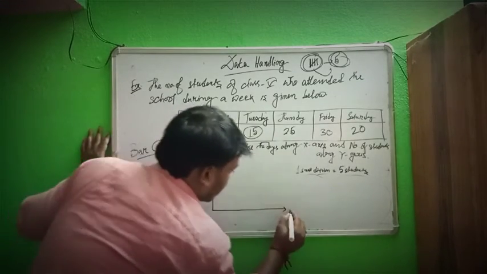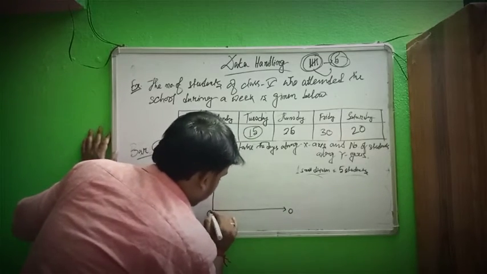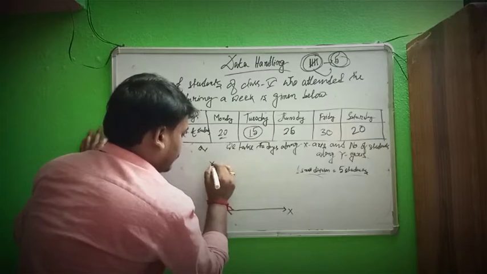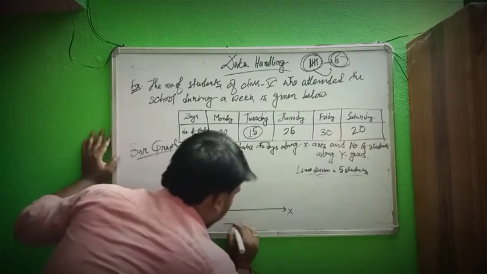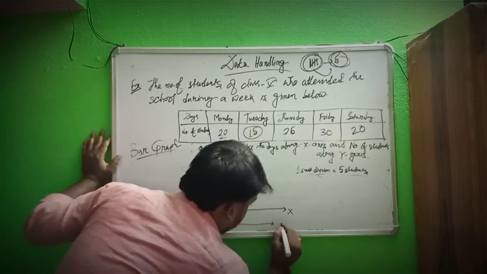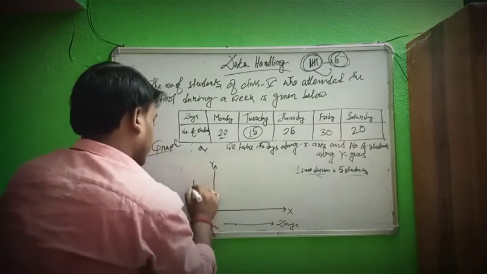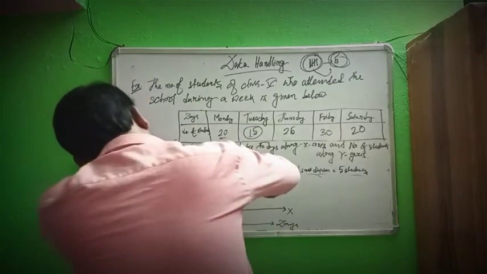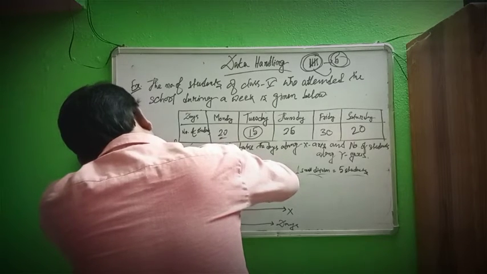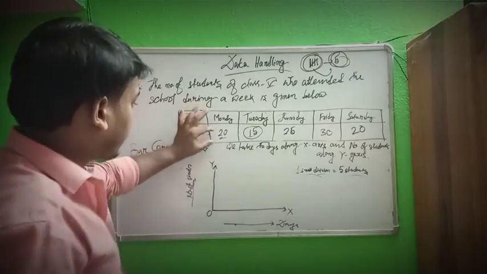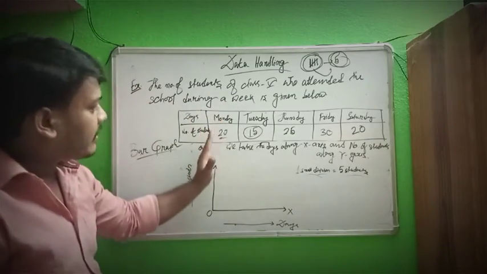One is OX, the X-axis, and another is OY, the Y-axis. Along the X-axis we take the days. Along the Y-axis we take the number of students.